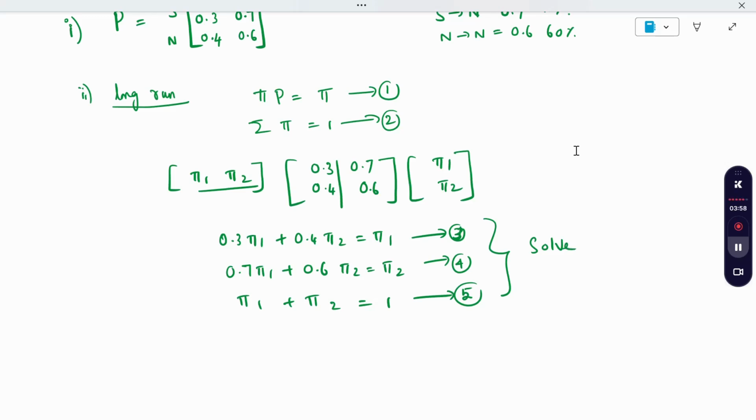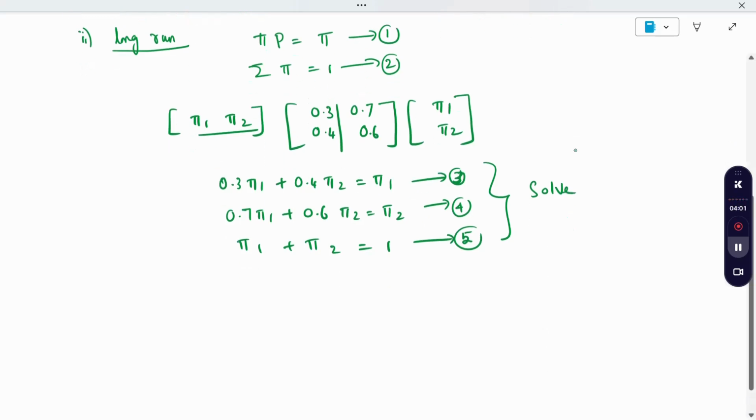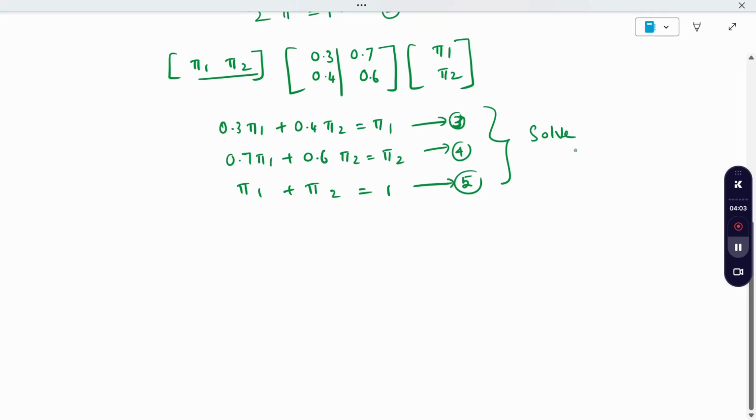So now we will get our solution. First I will simplify both. I'll bring pi 1 to one side, so it becomes easy. So 0.3 pi 1 minus pi 1 plus 0.4 pi 2 equals 0.